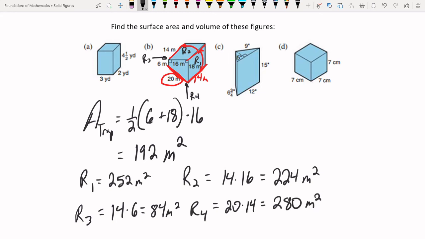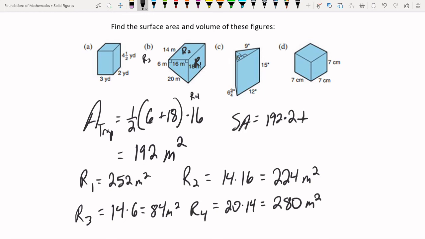Okay, multiply the area of the trapezoid by 2 because there's 2 faces of that trapezoid. And then all we have to do is add up all of these areas, and we have the total surface area. So the total surface area equals 192 times 2. Again, there were 2 trapezoidal faces that are the exact same.